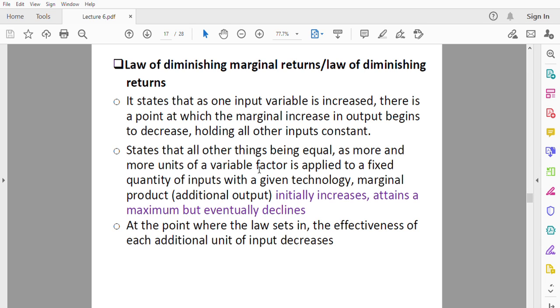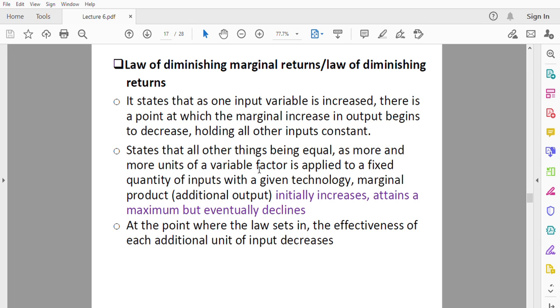Let me expound. It also states that all other things being equal, as more and more of a variable factor or variable input is applied to a fixed quantity of inputs with a given technology, marginal product, that is the additional output, initially increases, attains a maximum, and eventually diminishes.